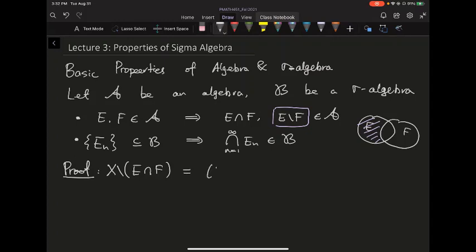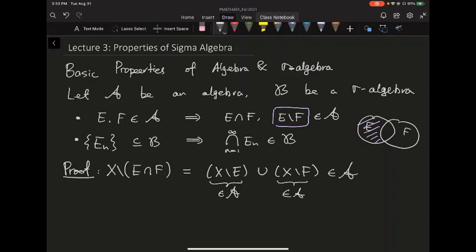This is the complement of E, union complement of F. So now, because A is an algebra, what we know is that the complement of E is inside the algebra, because A is closed under taking complement, and also the complement of F. And now, because A is closed under finite union, the union of these two complements is again an element in A. So this is in A.